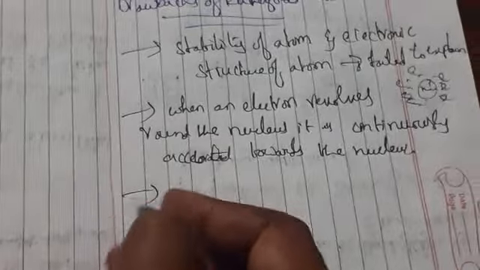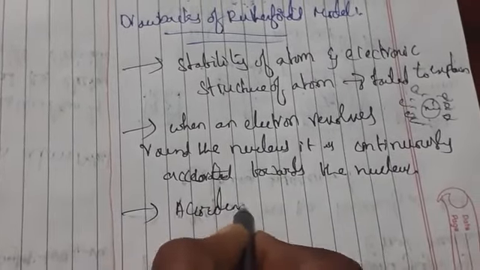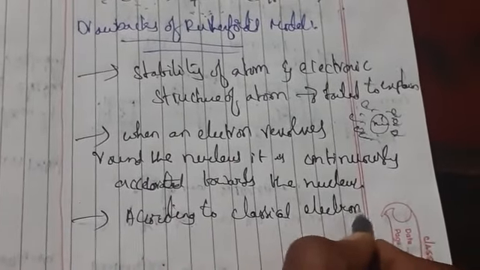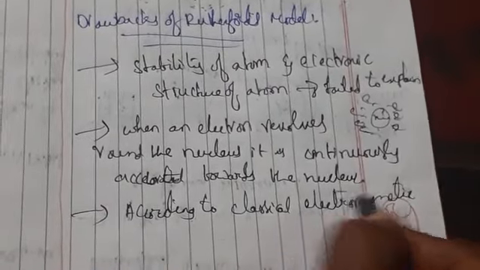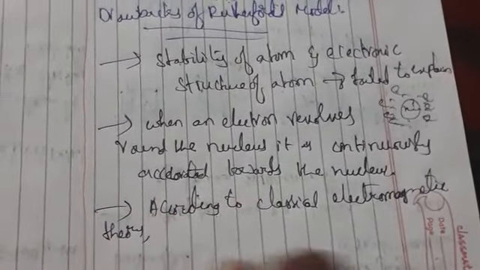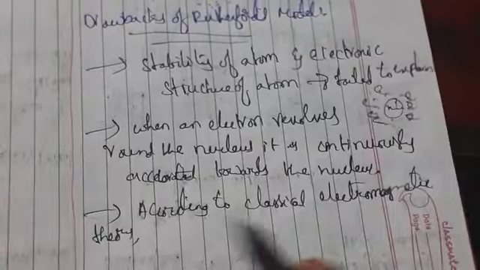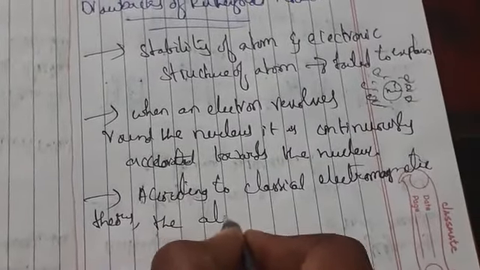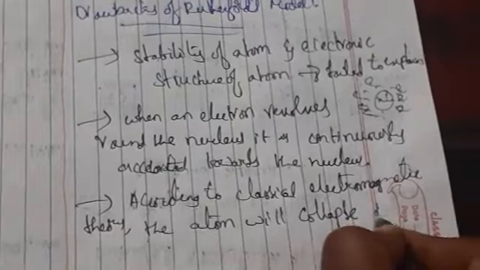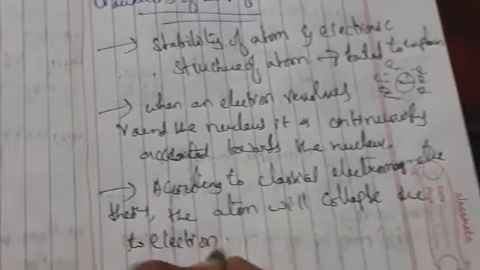What is another drawback? According to classical electromagnetic theory, the accelerated electron radiates energy and falls into the nucleus, which means the atom will collapse due to the electron accelerating continuously.